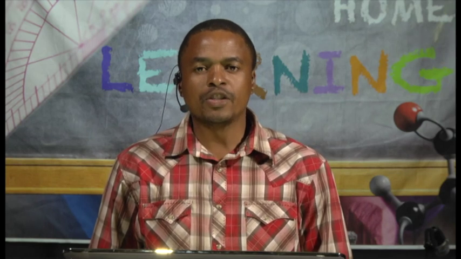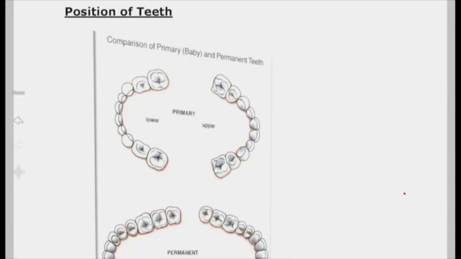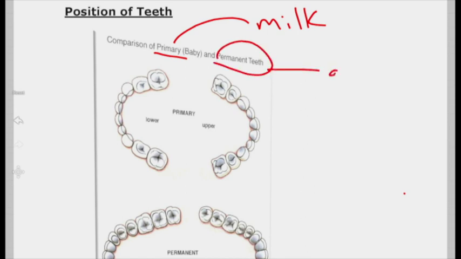Shown here is the position of the teeth in the mouth, including the lower jaw and the upper jaw, as sketched earlier. So thus the baby primary teeth, or the milk set, it's called the milk set for babies or for young children, and the permanent teeth for adults.